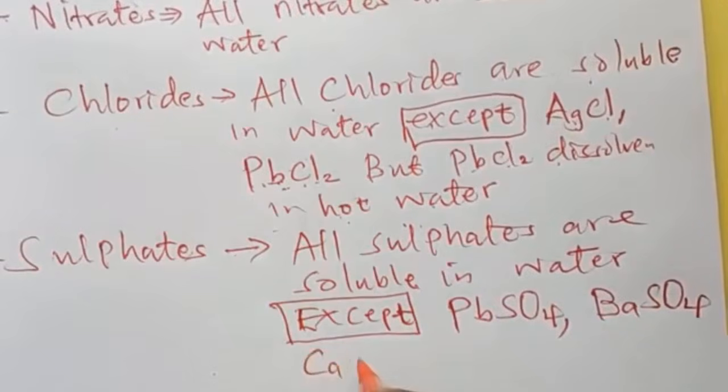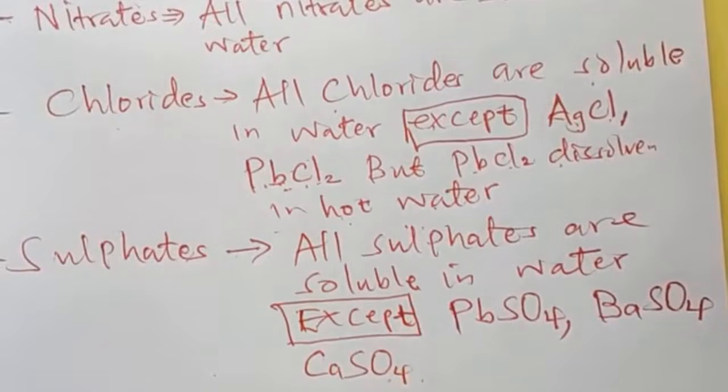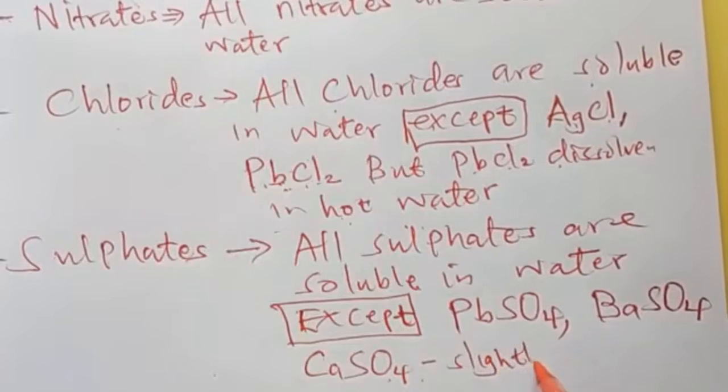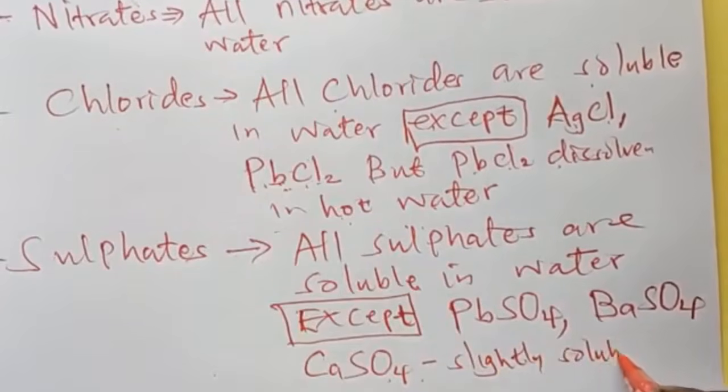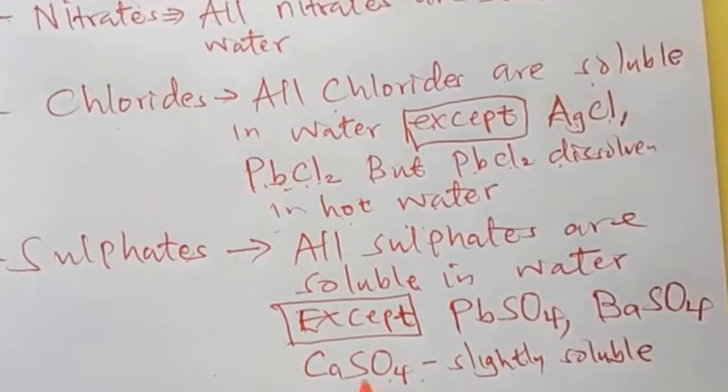But calcium sulfate is insoluble in cold water. It is so insoluble, but just slightly soluble. If you dissolve calcium sulfate in water, it forms a white precipitate, but it is slightly dissolved.